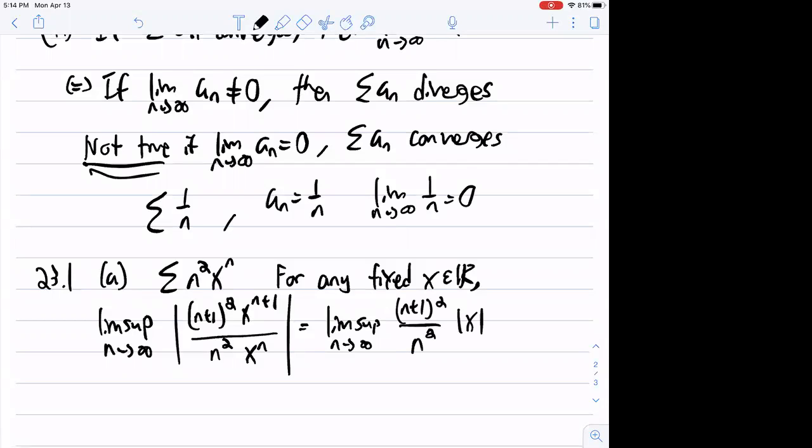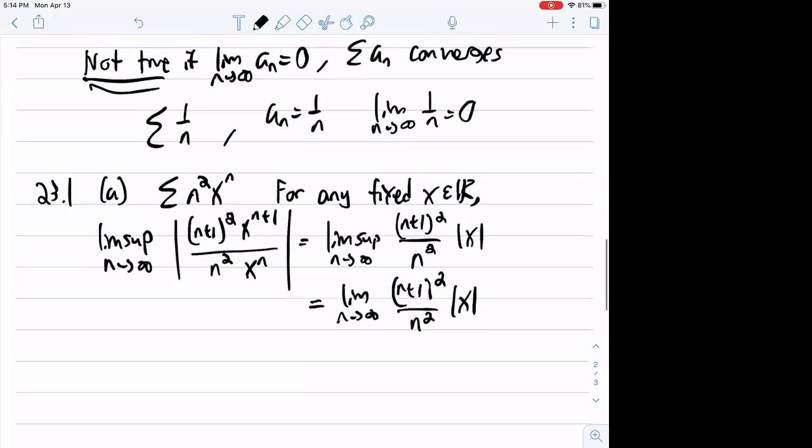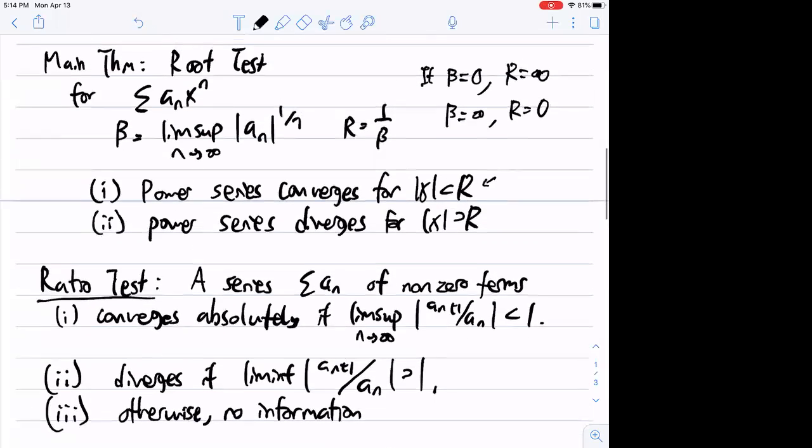So here, the limit exists, because the limit of (n+1) squared over n squared exists, so the lim sup is actually just the limit. That factor is just 1, so the limit is the absolute value of x. And what does the ratio test say?